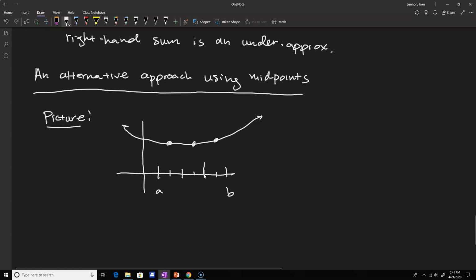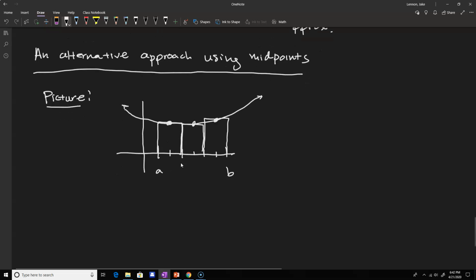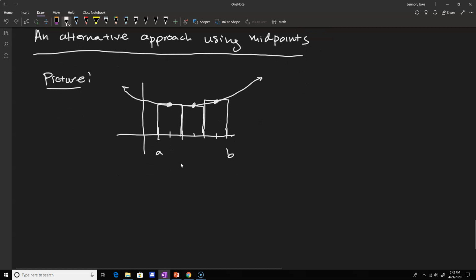So I draw my 3 rectangles like this. So I have a bit of each rectangle above and below the way this curve is shaped. And we can see that that's going to be a much better approximation than just using the left or the right, and we can get a better approximation in one step, at least in these simple cases.